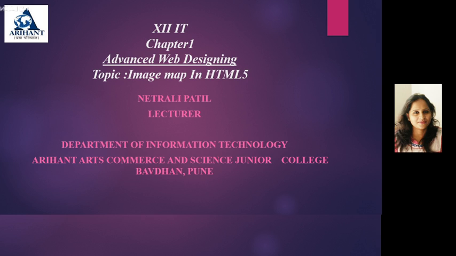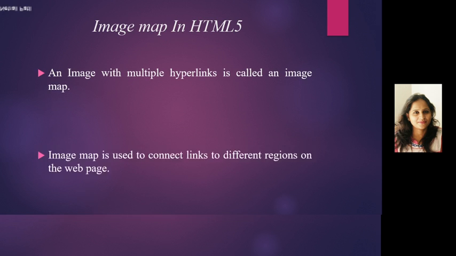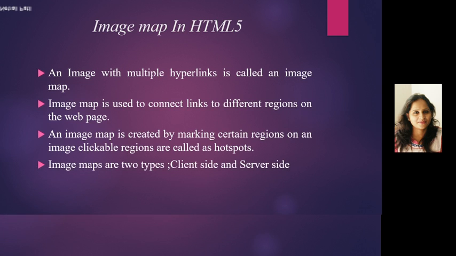Today we are going to learn about image map in HTML5. Let's begin with the session. First we will see what is image map in HTML5. An image map with multiple hyperlinks is called an image map.